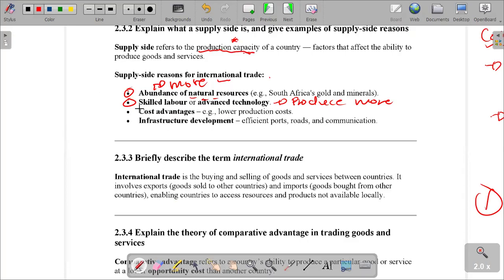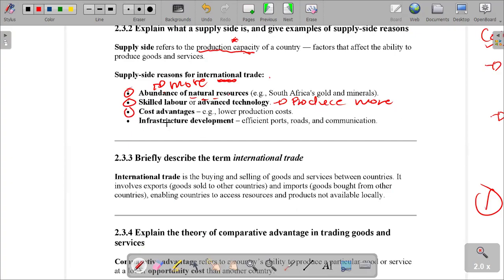So we can then sell to other countries, thus incorporating international trade. If we have skilled labor or advanced technology to produce more products, we can sell to other countries.